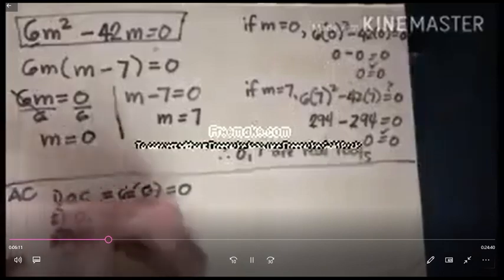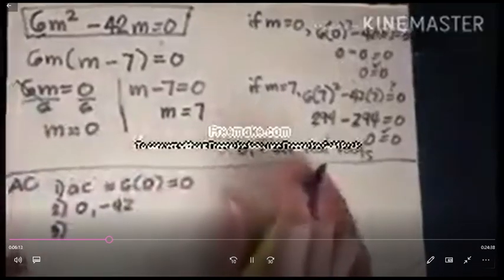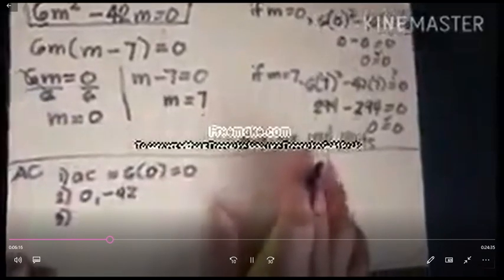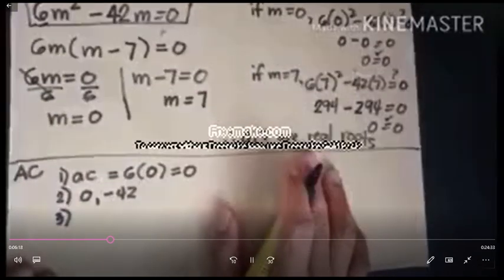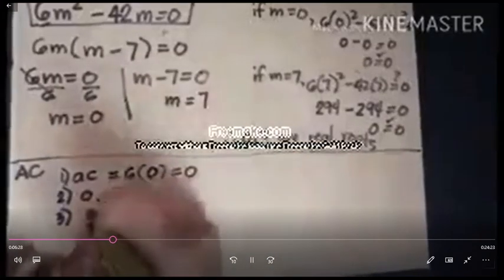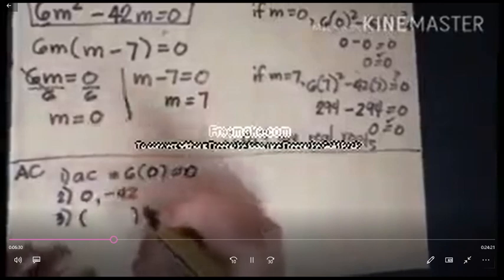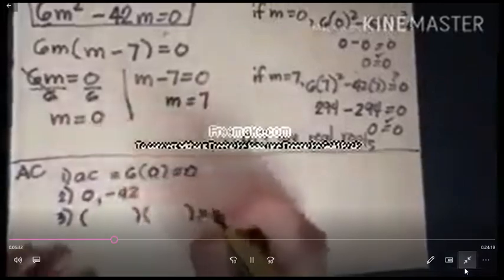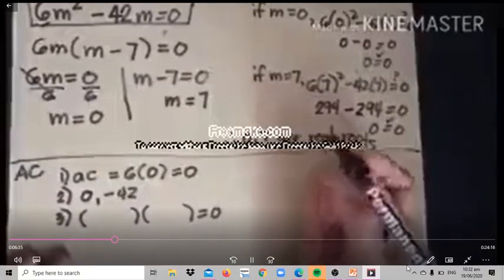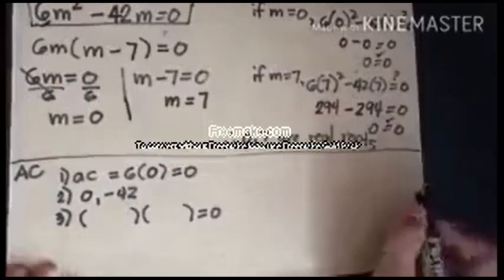Okay, third step. We are going to form two binomial factors by using the leading coefficient to be the coefficient of the variable while the factors of A and C be the constant term. So, we will make two binomial factors. We are going to use the leading coefficient, which is 6, to be the coefficient of our variable.